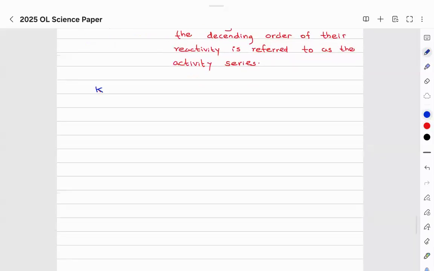Potassium, sodium, calcium, magnesium, aluminum. Remember, these are metals with high reactivity.